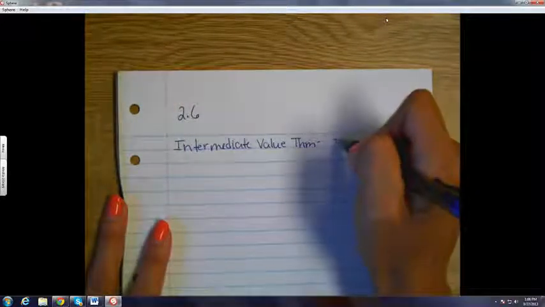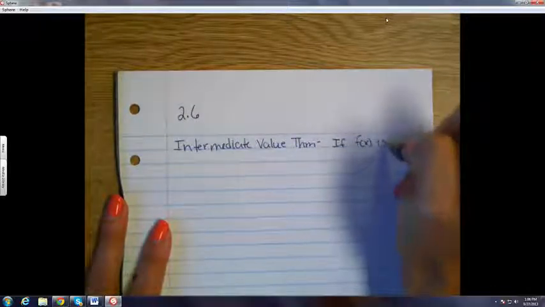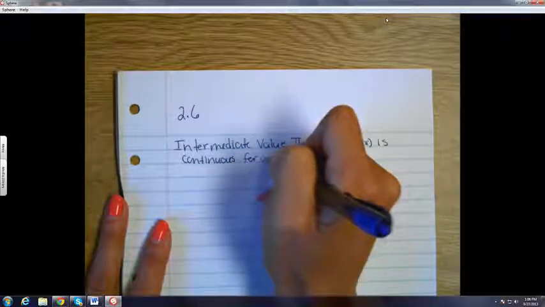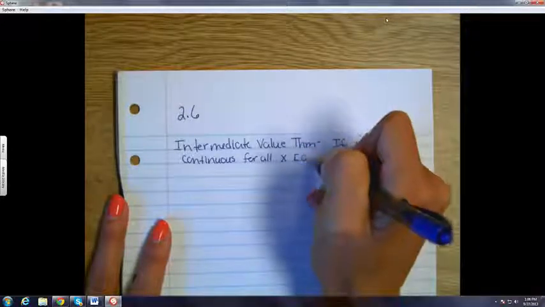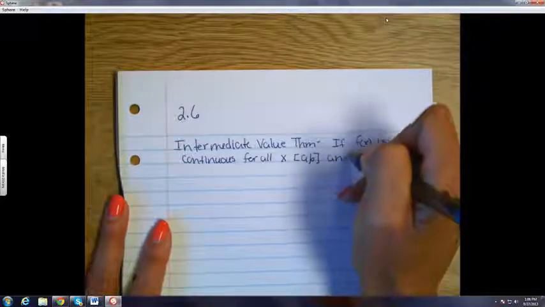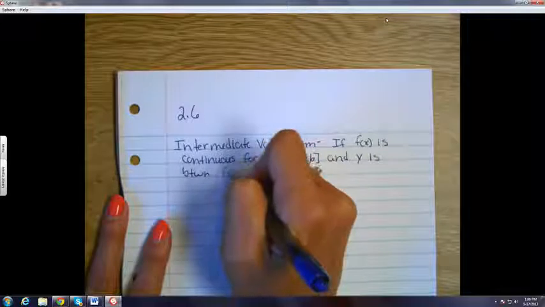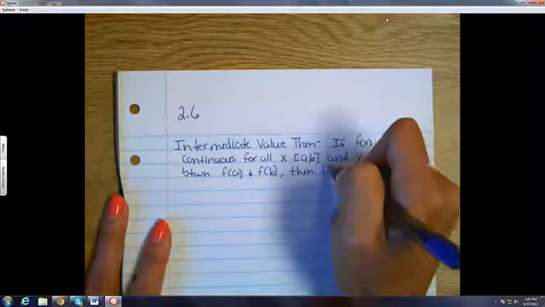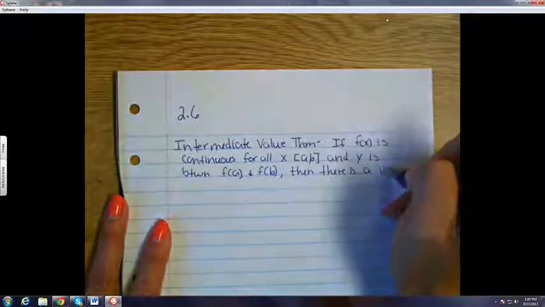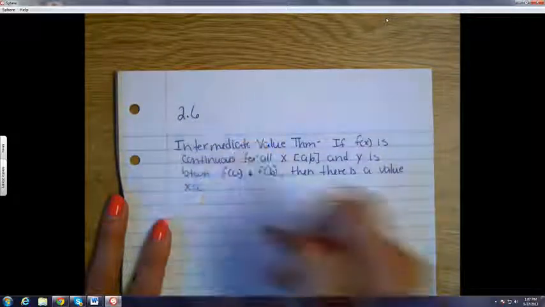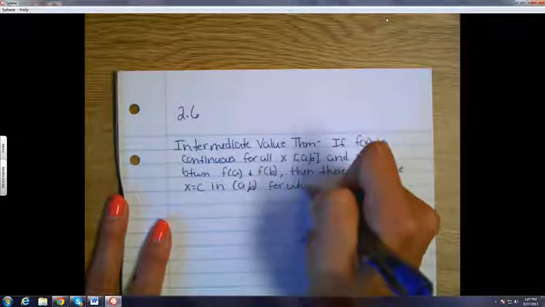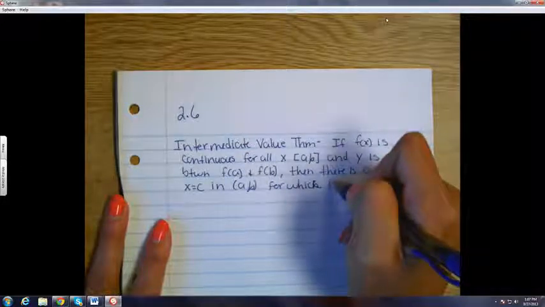It says if f of x is continuous for all values of x between a and b, and y is a value between f of a and f of b, then there is a value of x, which we will call c, in the open interval from a to b, for which f of c is equal to that y value.